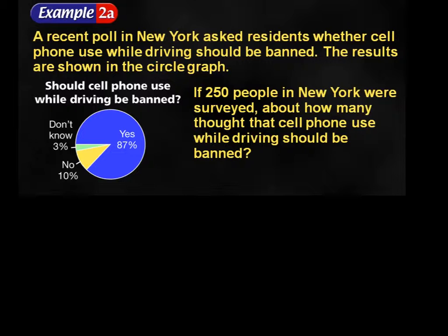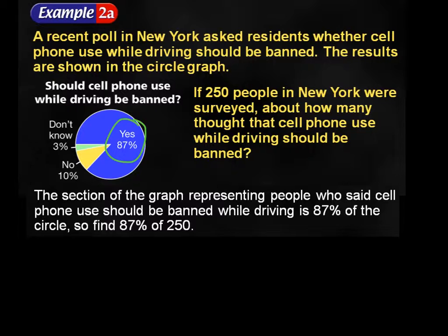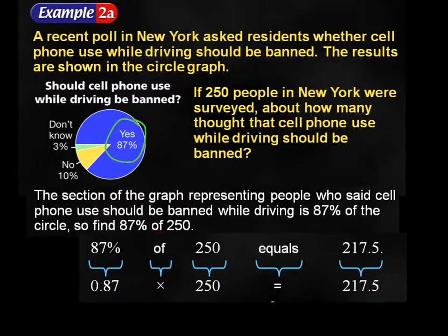If 250 people in New York were surveyed, about how many thought that cell phone use while driving should be banned? Okay, as a percent, we said that was 87% from the graph. So we need to find 87% of 250. We're translating: 87% as a decimal is 0.87.